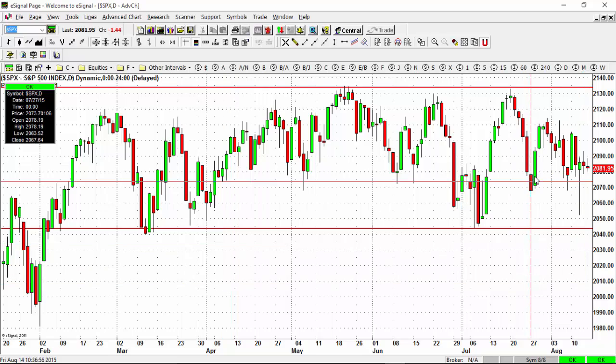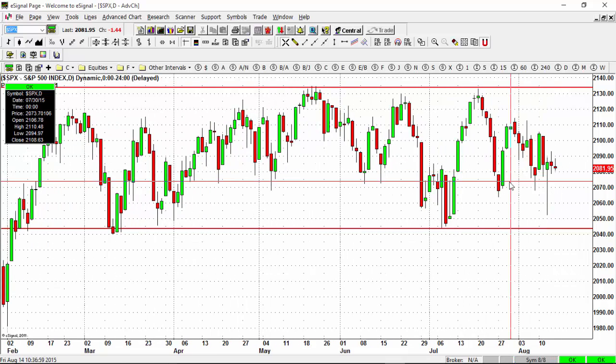Okay, so that is why during consolidation, what you should be doing is preparing for the next major move, because that is where the profit centers are when you're trend trading.